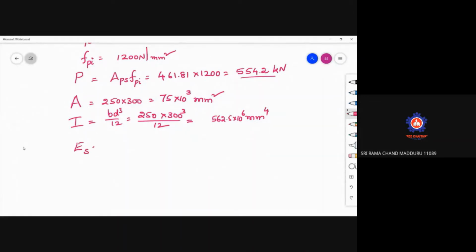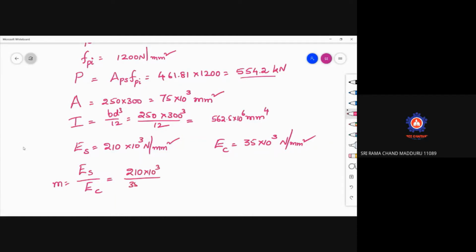ES is equal to 210 into 10 cube Newton per mm square, as well as modulus of elasticity of concrete 35 into 10 cube Newton per mm square.